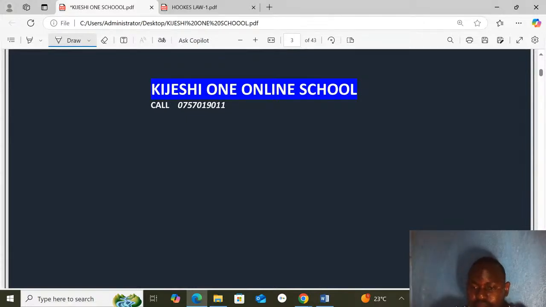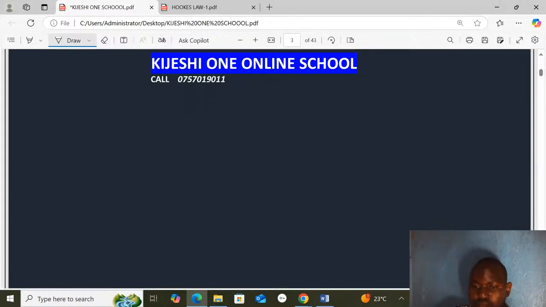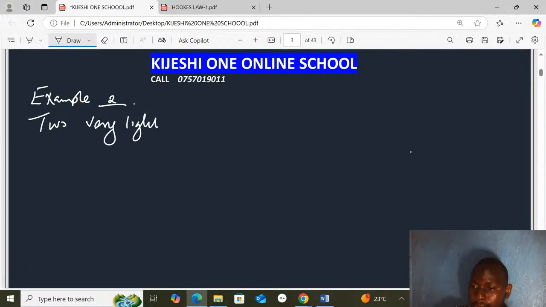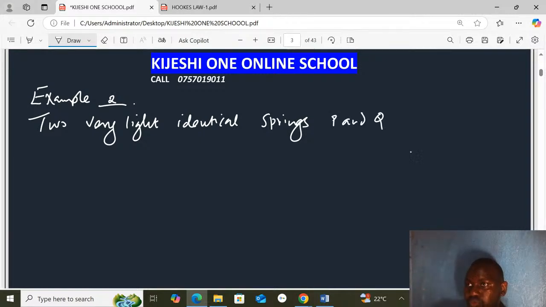Where you are told, this is example 2. Two very light identical springs P and Q are arranged as shown.